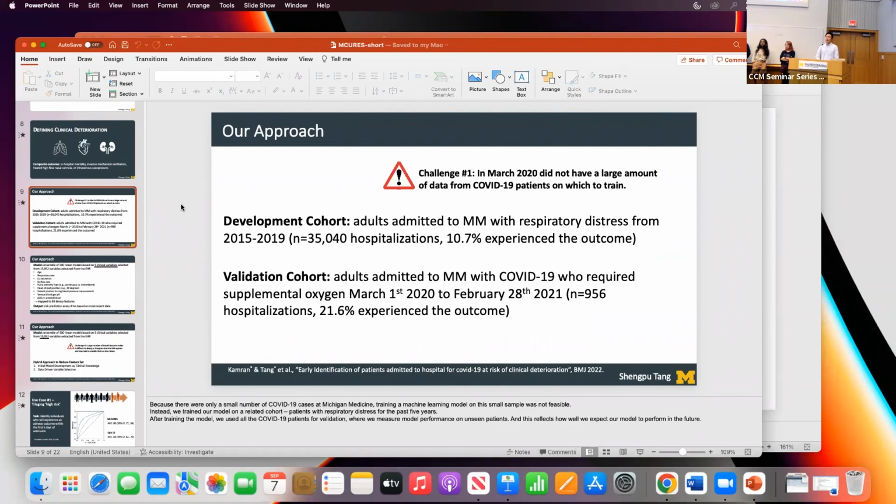That was my understanding, at least. So have you tried after the fact? I know at the beginning when you developed this model, you didn't have data. Have you tried to make a new model that's based only on COVID? And how is that different if you did?